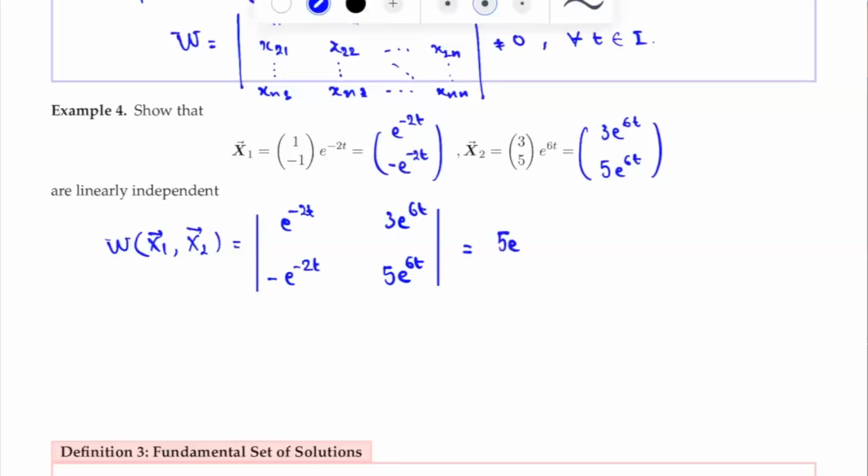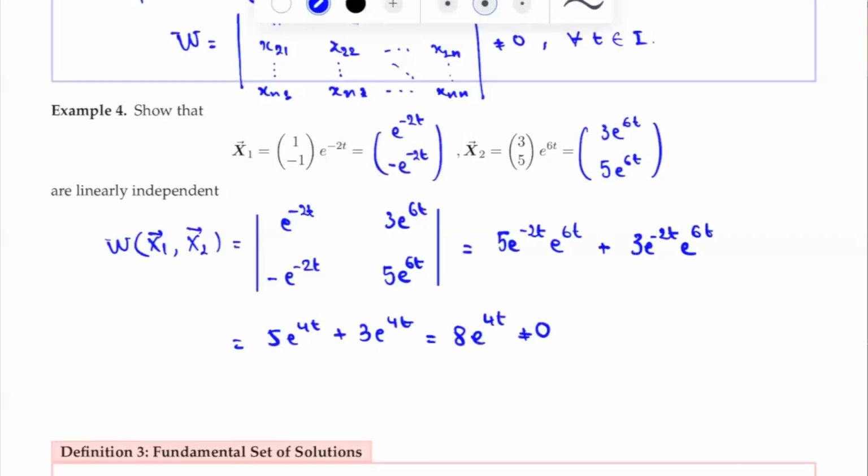You get 5 times e to the negative 2t times e to the 6t plus 3 times e to the negative 2t times e to the 6t. Or this is 5 e to the 4t plus 3 e to the 4t, or this is 8 times e to the 4t, which is different from 0 for all values of t. Because of this result, we conclude that x1 and x2 are linearly independent.